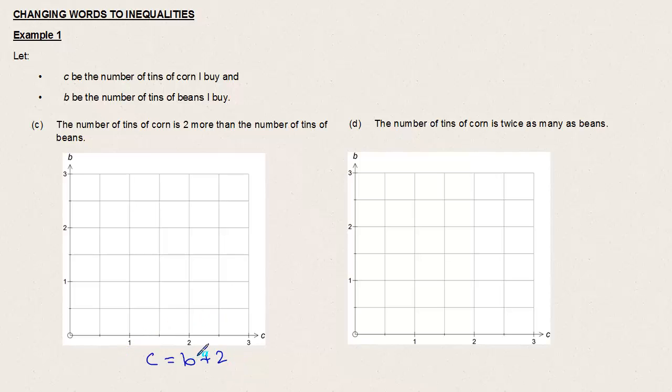So if B is 0, then C is equal to 2. If B is 1, then C is equal to 3. So that's going to be this line over here.